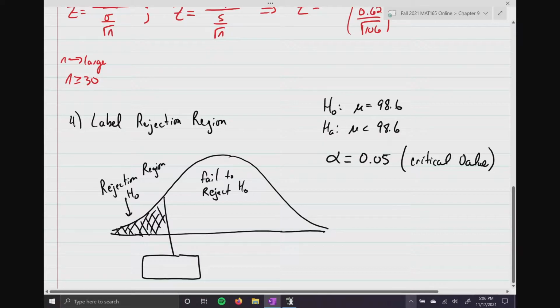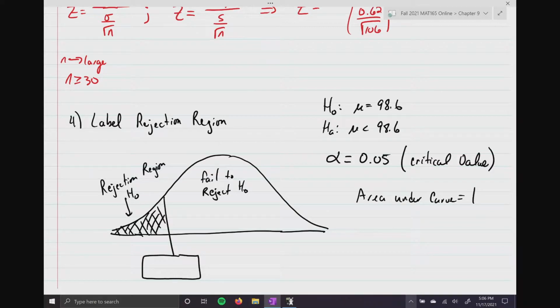Now, we need to go all the way back to chapter 7. To be honest with you, I think we need to go all the way back to chapter 6. Because we know, since this is a normal distribution, the area under the curve is equal to 1. Which means, if I am willing to be incorrect 0.05 of the time, that is the area of this rejection region right here.